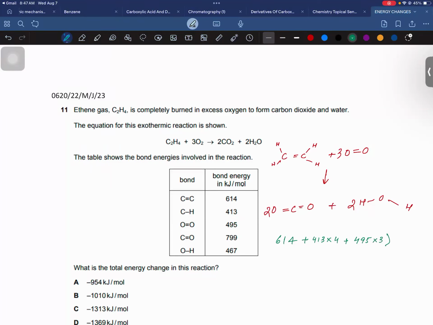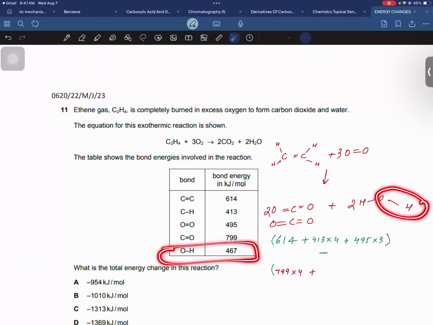Then minus, then I would be solving the product side. CO2, C double bond O, C double bond O. How many C double bond O in one molecule? You will say 2. So how many molecules do you have? 2 carbon dioxide. So in total you have 4 C double bond O. So 799 times 4, plus this is OH, 467.